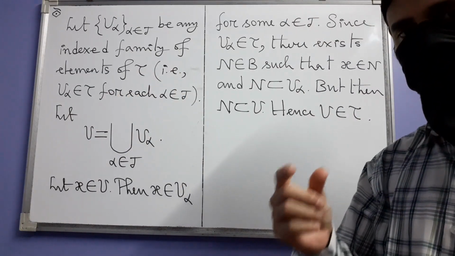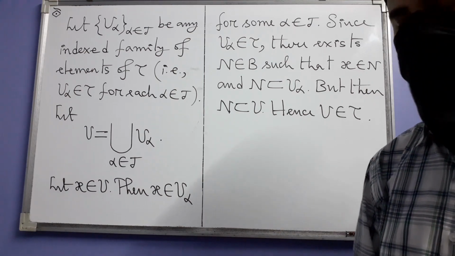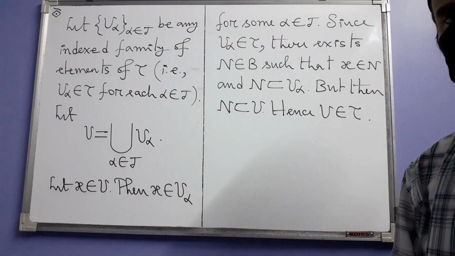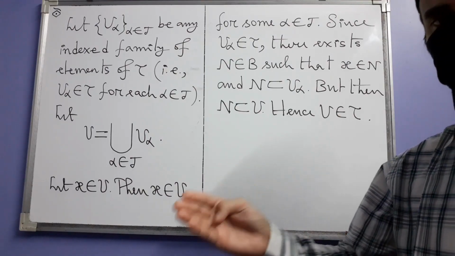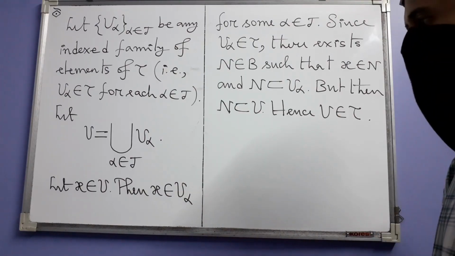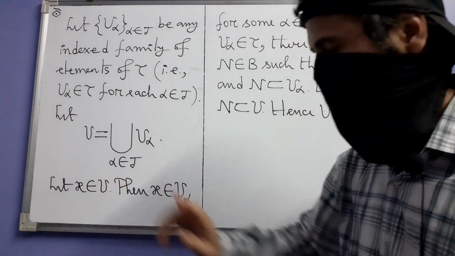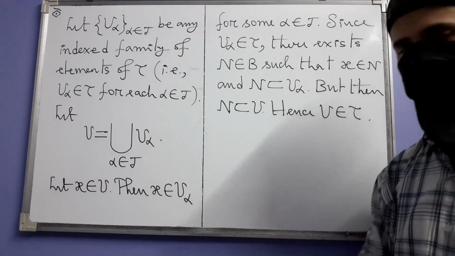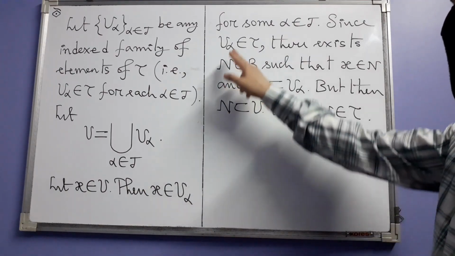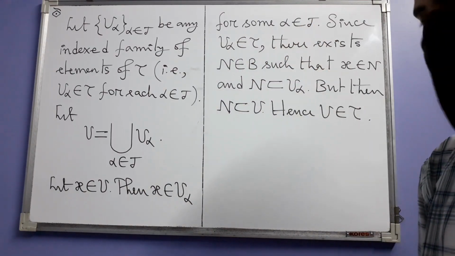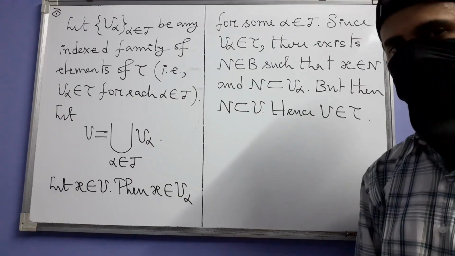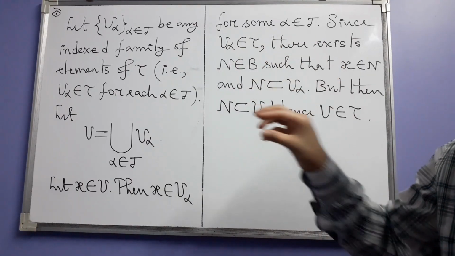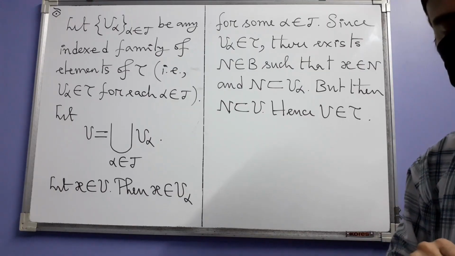So basically U_alpha is a subset of X, and let U be their union. Our aim now is to prove that U also belongs to tau. So we take any point x in U, then x obviously belongs to some U_alpha, because U is their union.